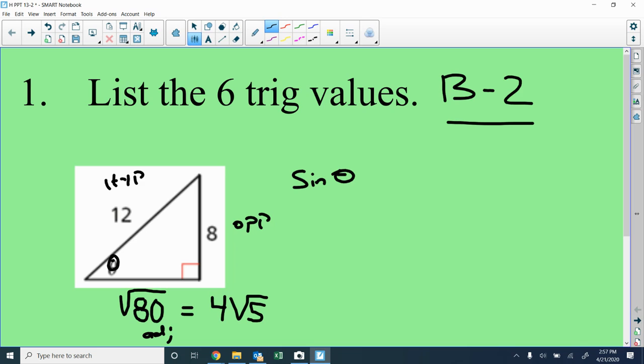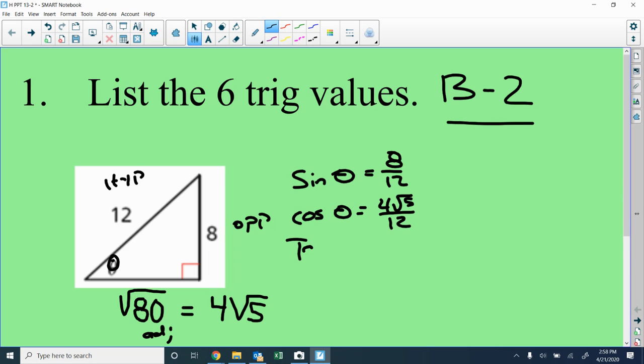So the sine of any angle is the opposite over the hypotenuse. In this case, 8 over 12 is your sine, opposite over hypotenuse. Your cosine is going to be adjacent, which is 4 square roots of 5 over our hypotenuse of 12.